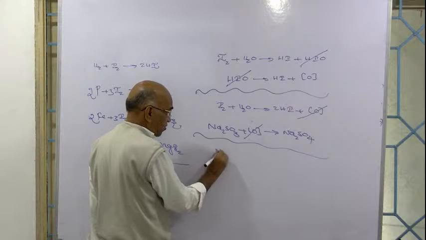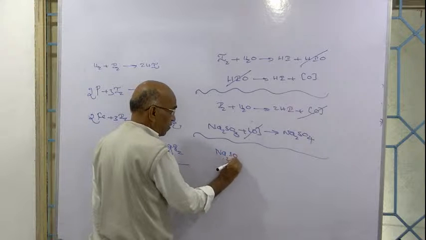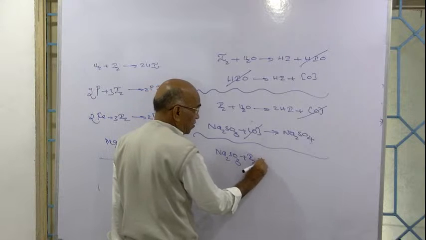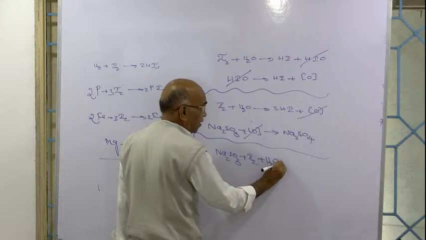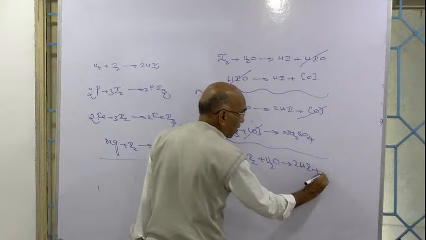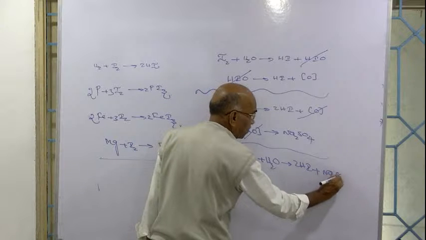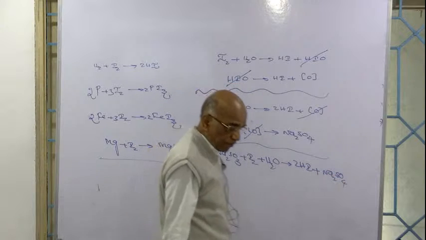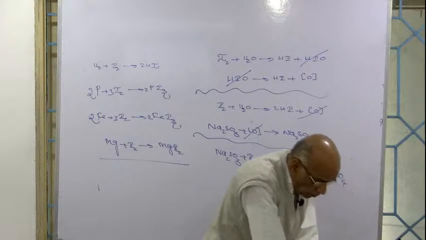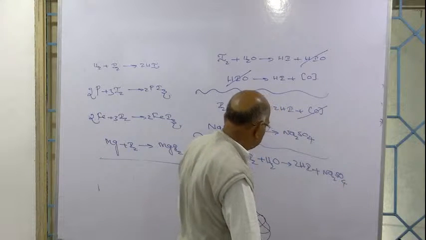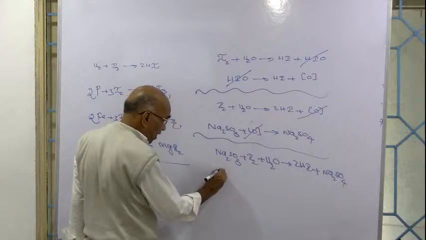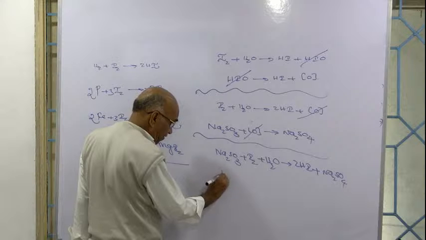So Na2SO3 plus iodine plus water gives 2HI plus Na2SO4.